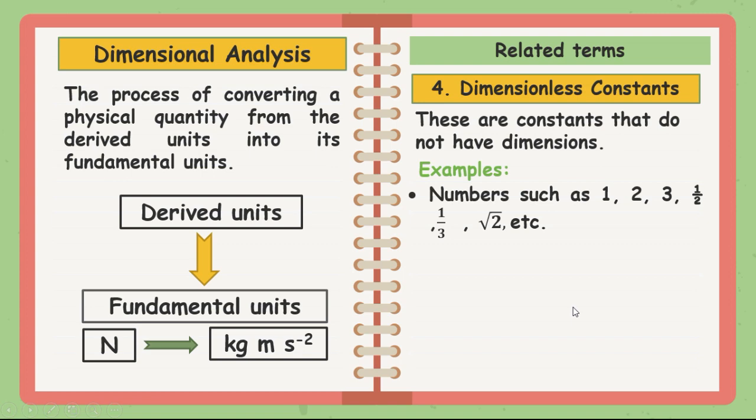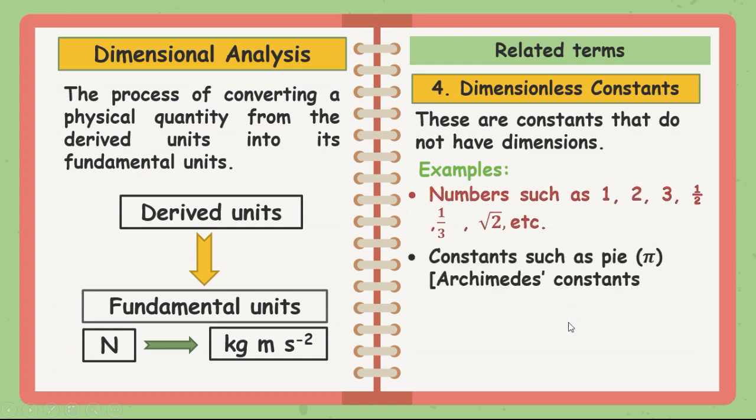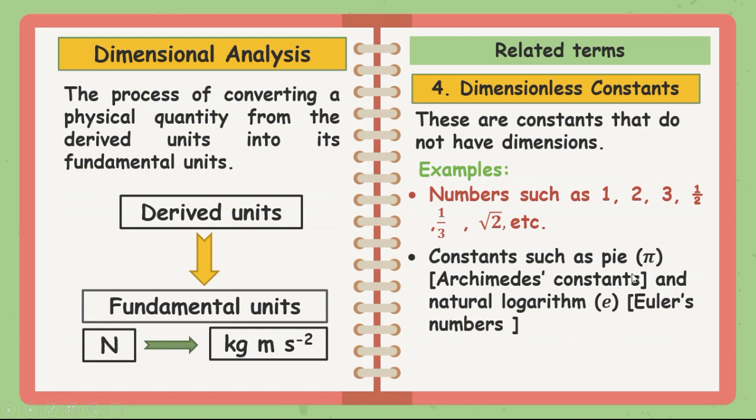So keep this very important. If in an equation, in an expression, in a deduction, you have numbers expressed while you are trying to convert them to their fundamental units, numbers do not have dimensions, and so they are ignored. We also have constants such as pi, which you can call the Archimedes constant, as well as the natural logarithm base e, which you can call Euler's number.